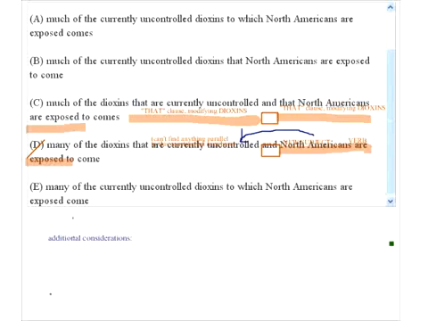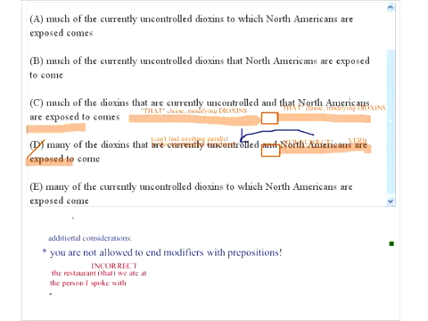One thing is that you're not allowed to end modifiers with prepositions. Okay, for instance, these are incorrect. You can't say the restaurant that we ate at, and you can't say the person I spoke with.